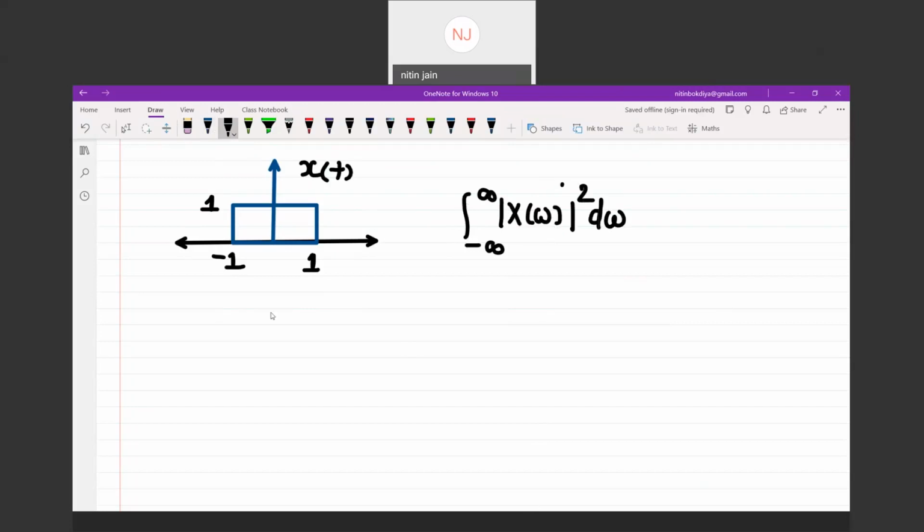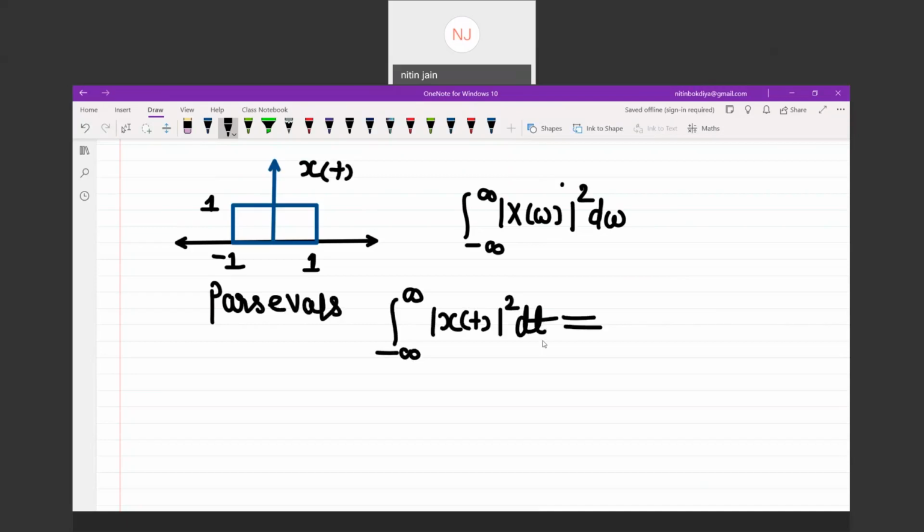We know Parseval's relationship, and this relationship says that the integral from minus infinity to infinity of x of t whole square dt is equivalent to the integral from minus infinity to infinity of 1 over 2 pi X of omega d omega square.